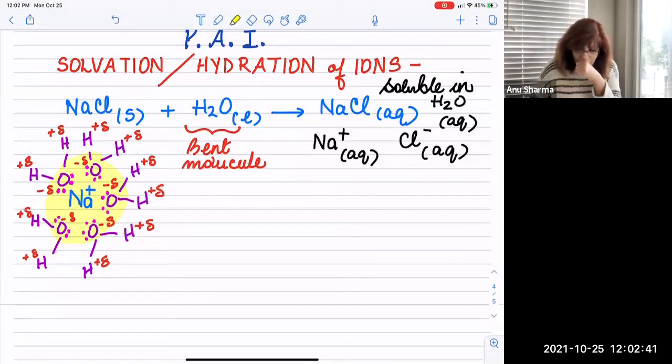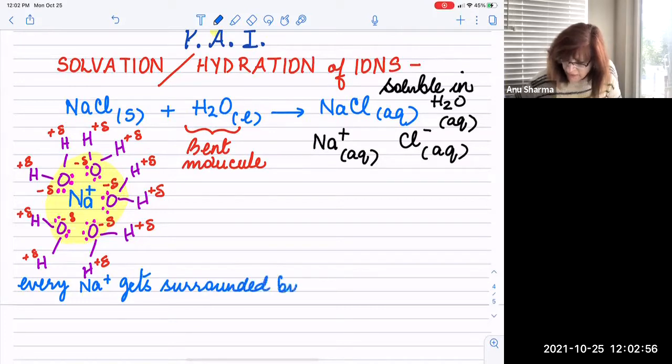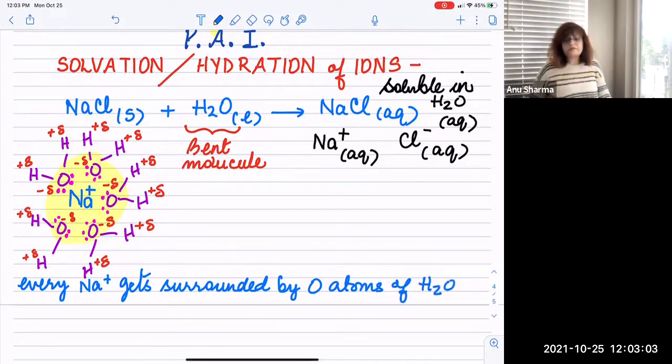So every sodium ion gets surrounded by oxygen atoms of water. Then what happens? So basically it's separation of charges.